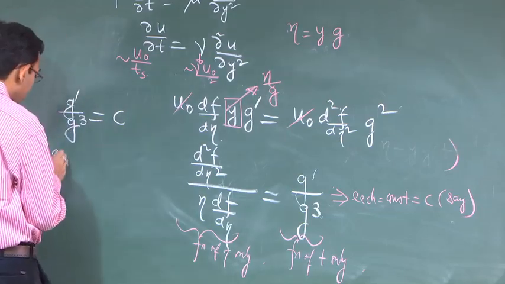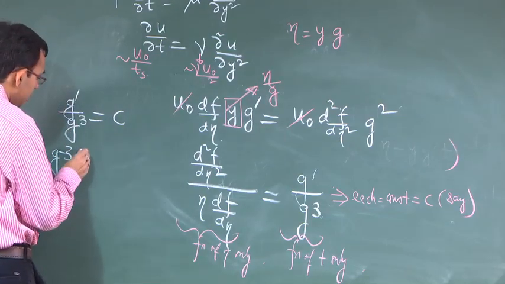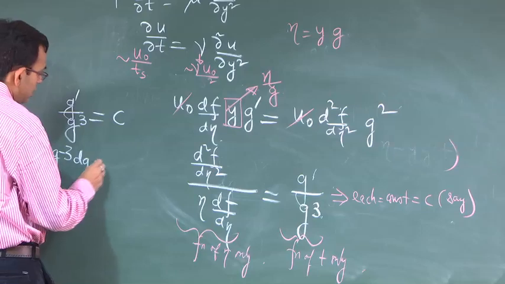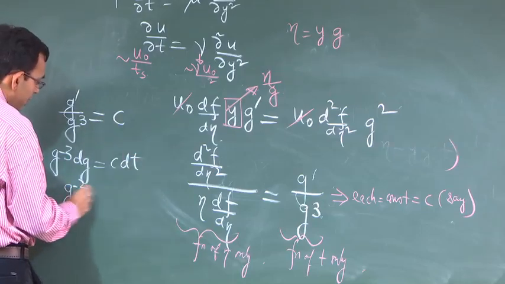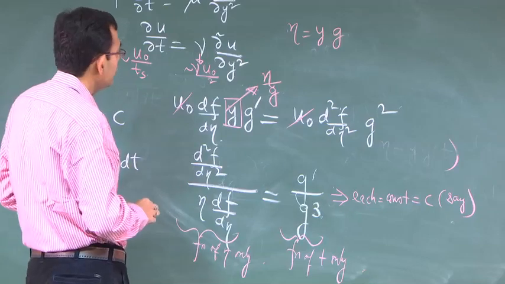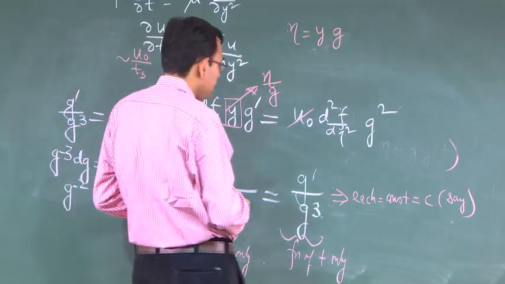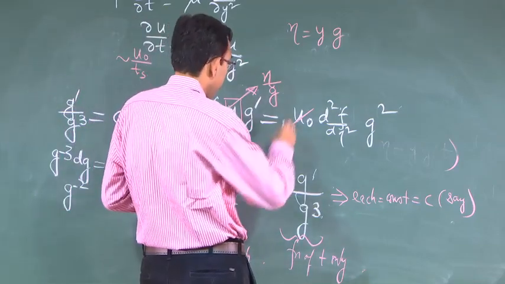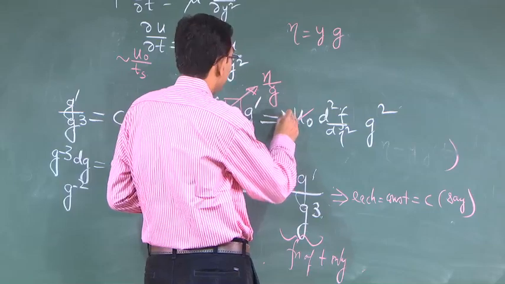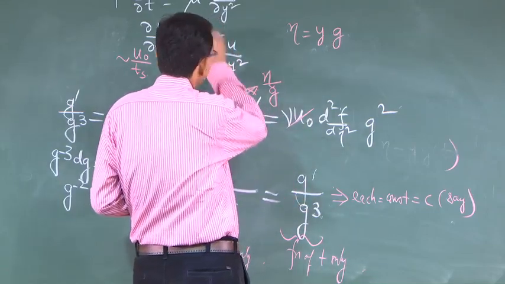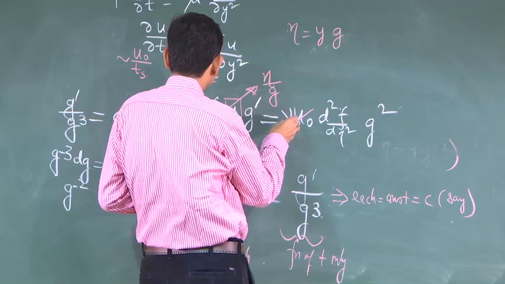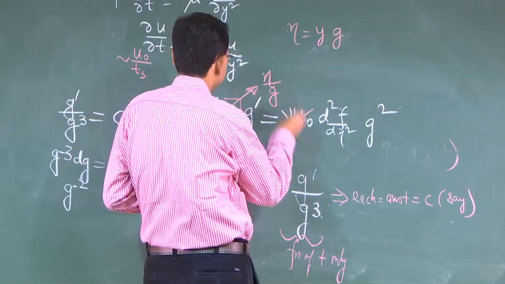So, g to the power minus 3 dg is equal to c dt. So, g to the power minus, oh, there is a nu there, right, nu g dash, there is a nu here. I have somehow forgotten to write nu here because this nu is here, that nu has to be there.